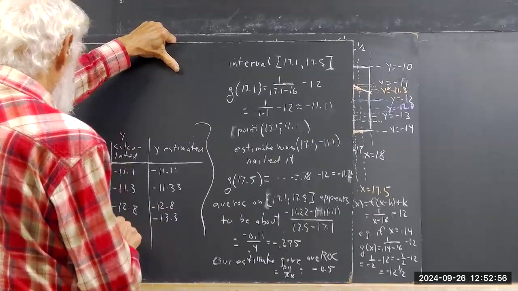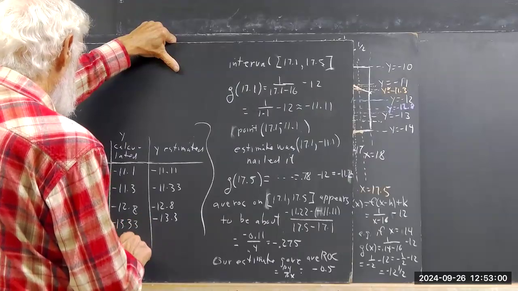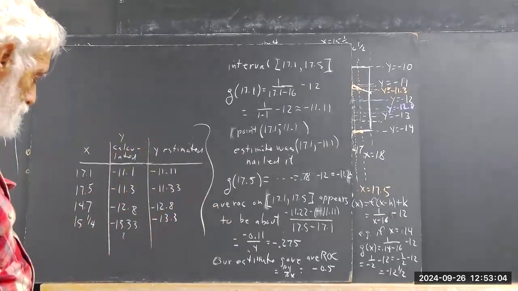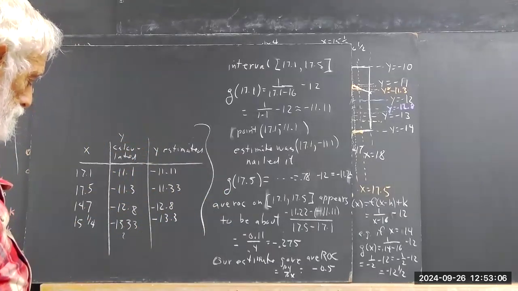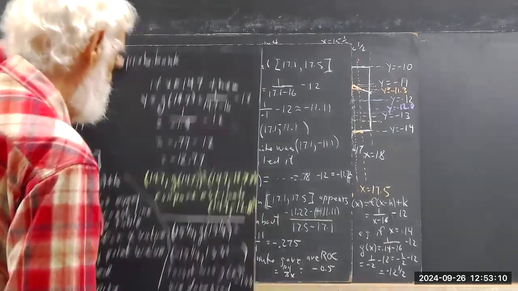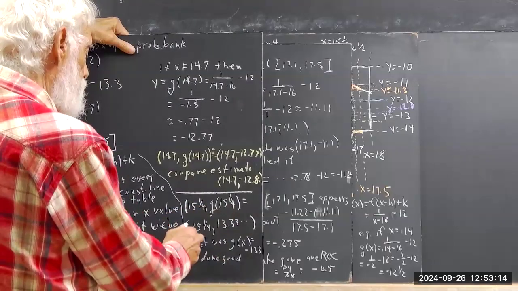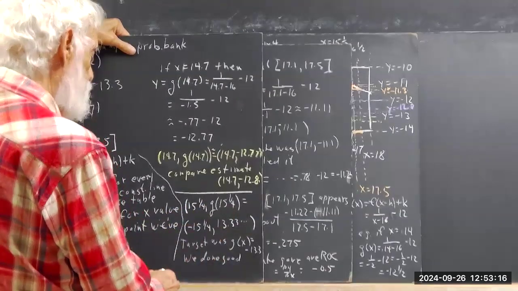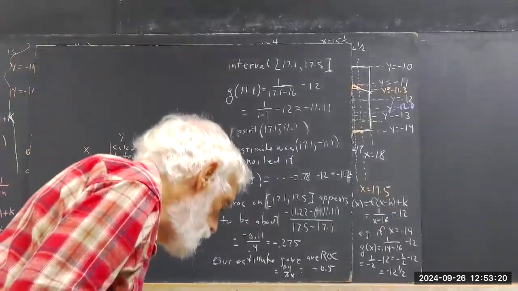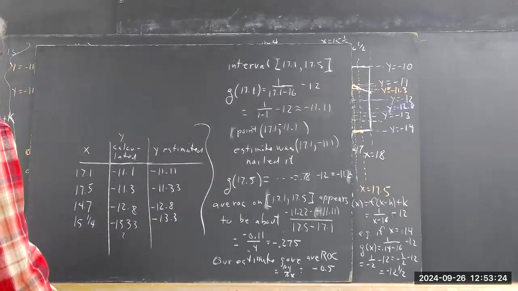And our result, I think, is -13.33. Put a question mark. Can't immediately find it. Oh, there it is. Okay. So we did the estimate here, 15 1/4. Gives us this, the target was -13.3, so a calculation to two significant figures, -13.3.